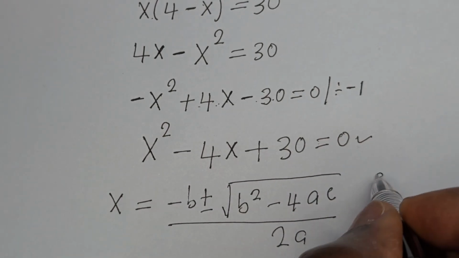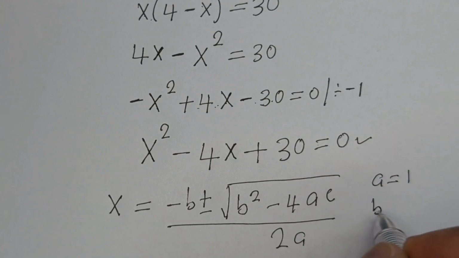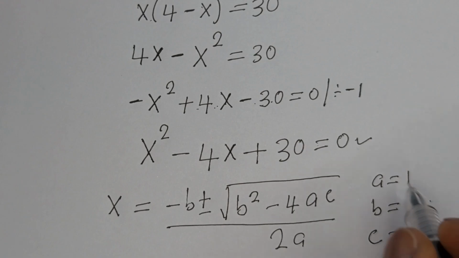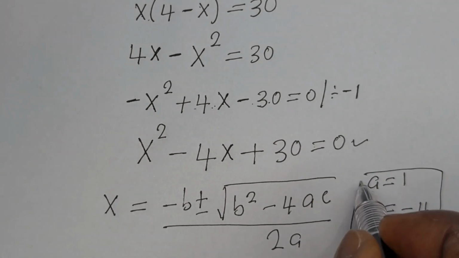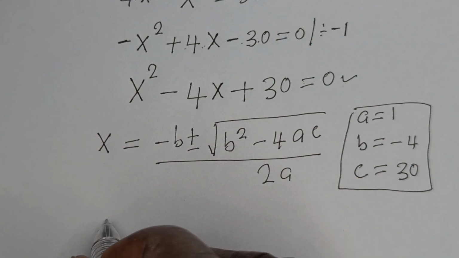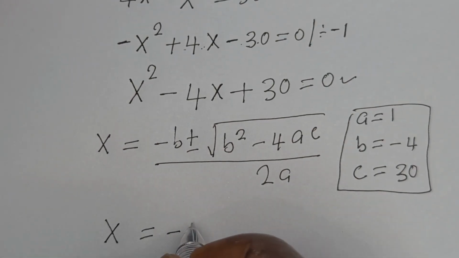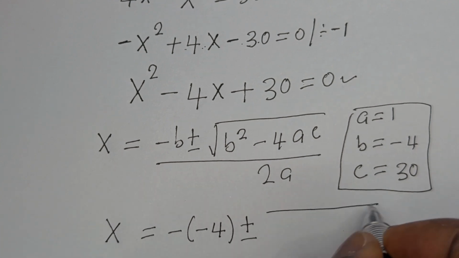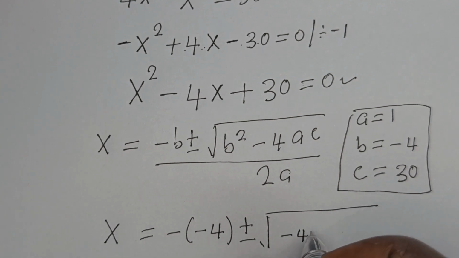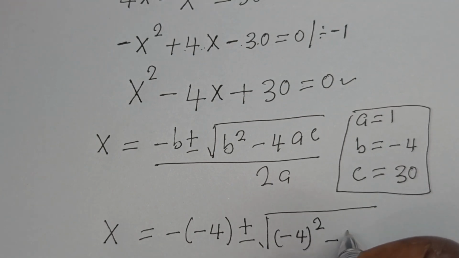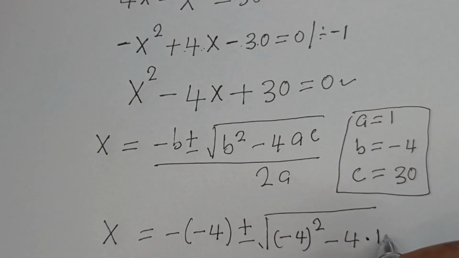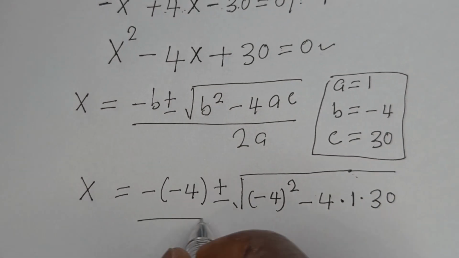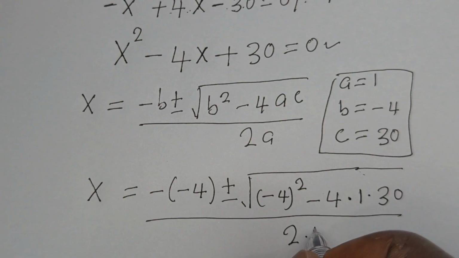From this equation, a is equal to 1, b is equal to minus 4, c is equal to 30. x is equal to minus bracket minus 4, we close the bracket, plus or minus square root of minus 4 square minus 4 multiplied by 1 multiplied by c, which is 30, over 2 multiplied by 1.